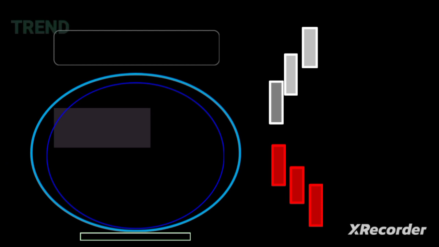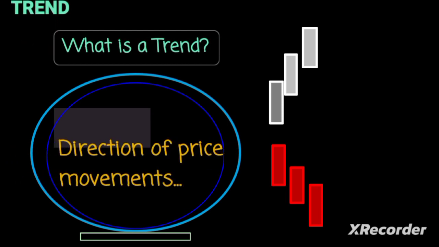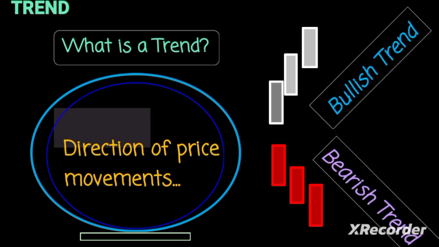A trend is a direction of price movement, which could be bullish, and at times bearish. Those movements create series of higher highs and higher lows.